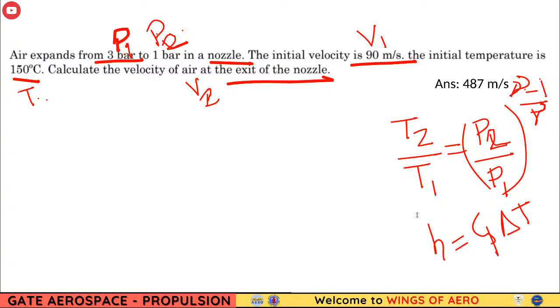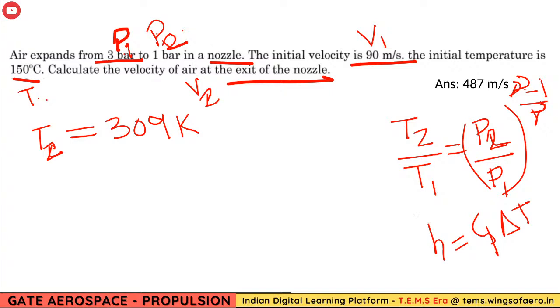I'm getting something else. What is the T2 you're getting? 309 Kelvin. Yes, I'm getting the same. 309 Kelvin. It's actually 579 Kelvin.